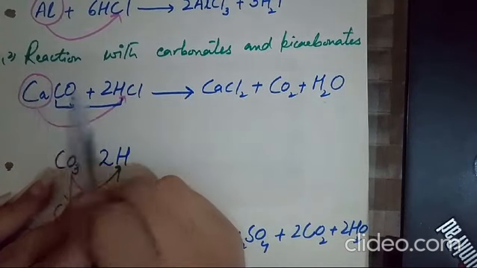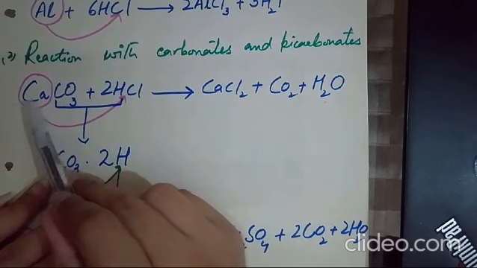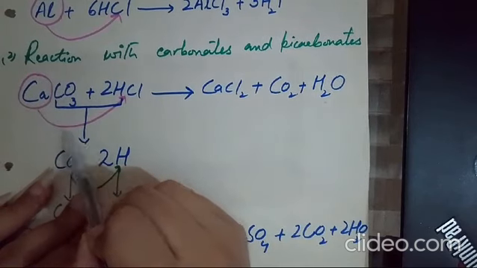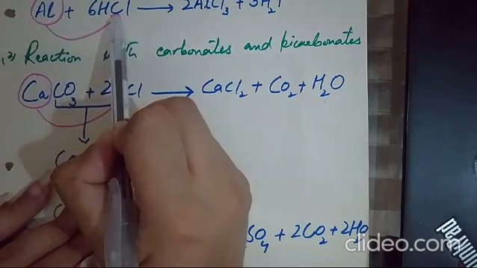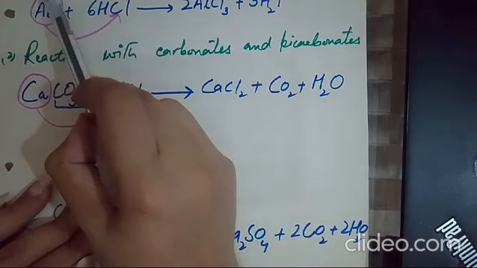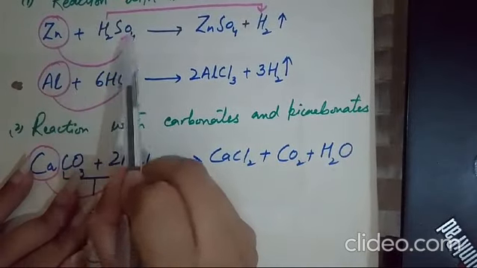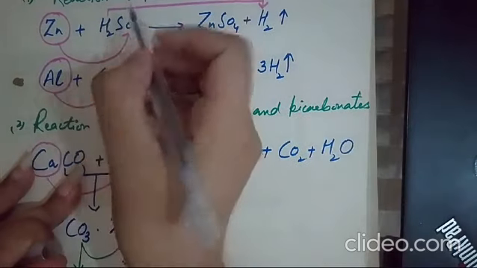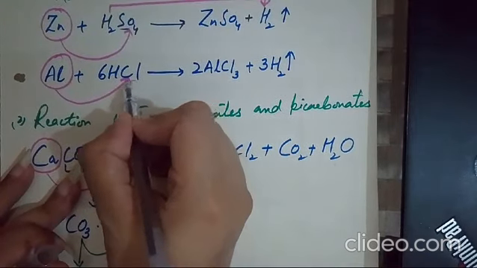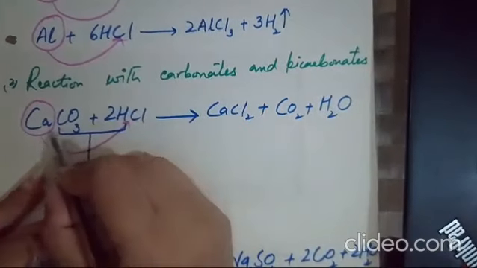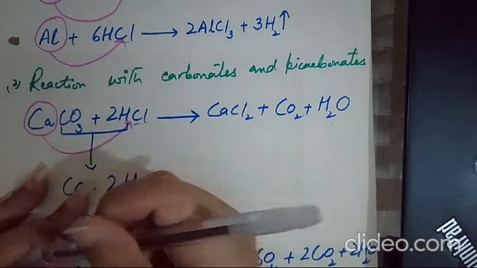So calcium carbonate reacts with acid in a way that the first element, calcium, goes towards the last one. In the same way, when Al goes towards the last one, Cl, and Zn goes towards the last one, SO4, the last element of the second reactant, and again here Ca combines with the last element Cl.